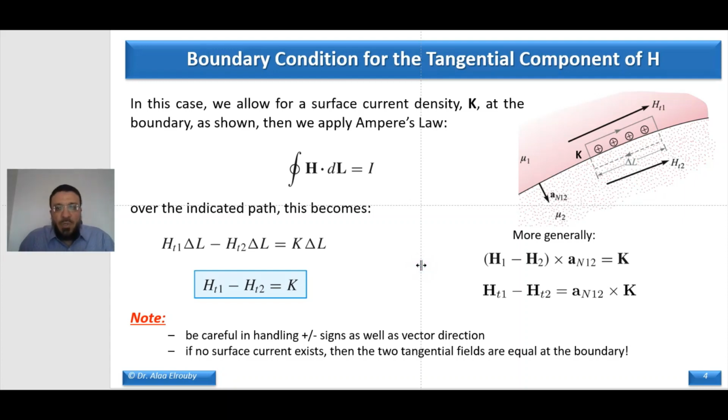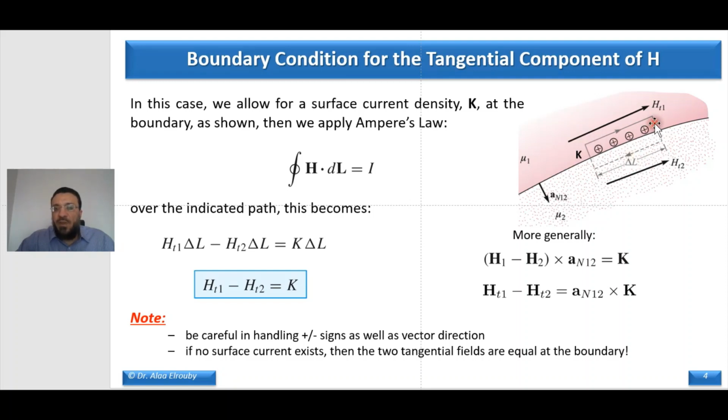Now applying Ampere's law on this setup, the contour has 4 sides: top side, right, bottom side, left side. Those left and right sides are very short, so we can easily neglect them.